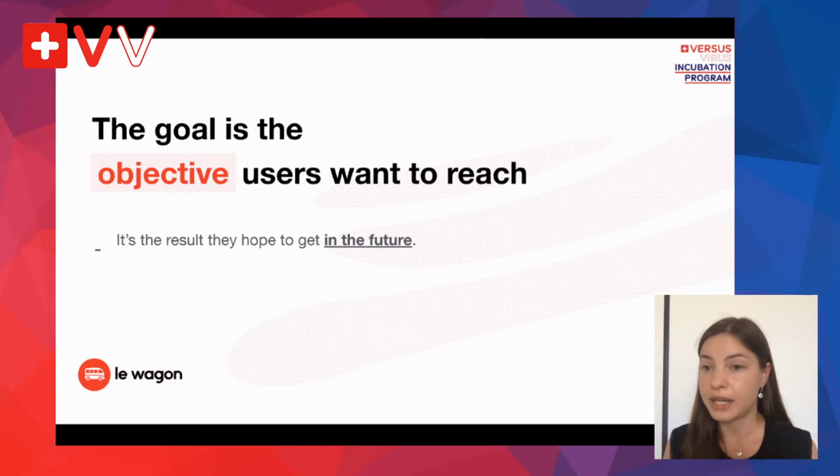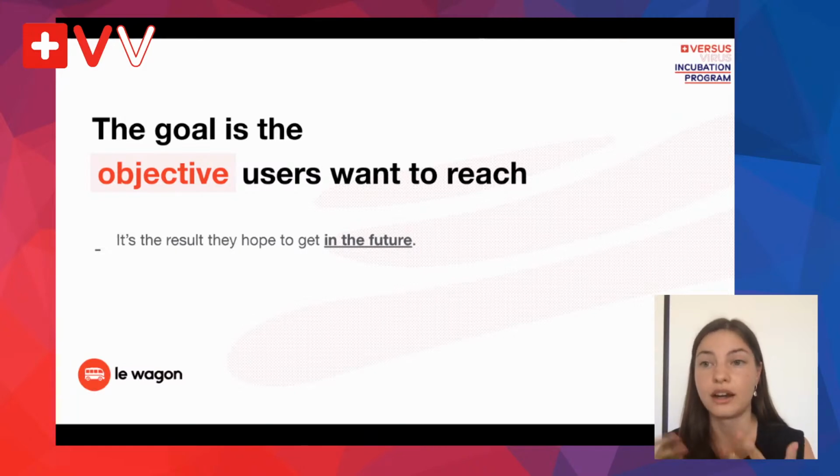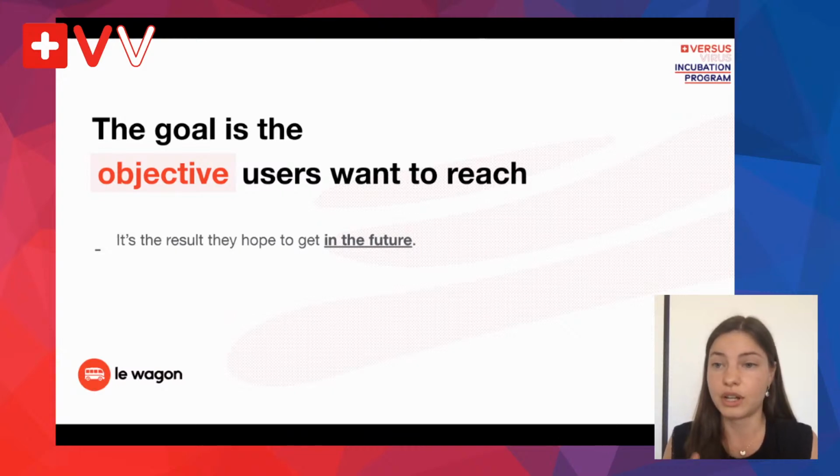For example, with Airbnb, if we take the user segment of a 30-year-old couple that want to go on holiday and are booking their flats, their objective is to have a unique experience. That's their future objective, it's their goal, and it's what's driving them to pick Airbnb over other platforms.